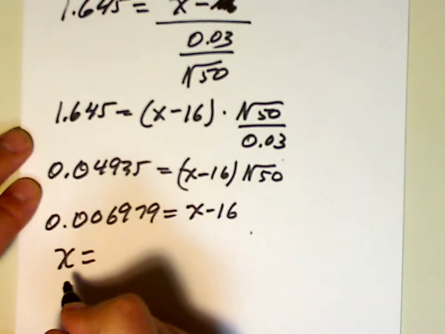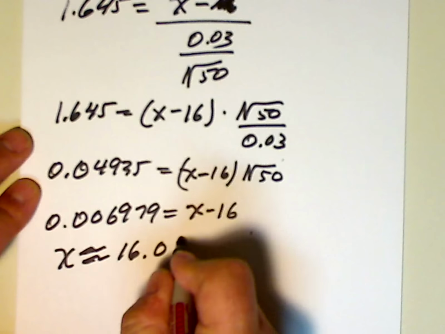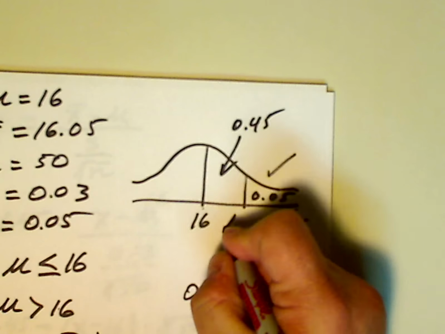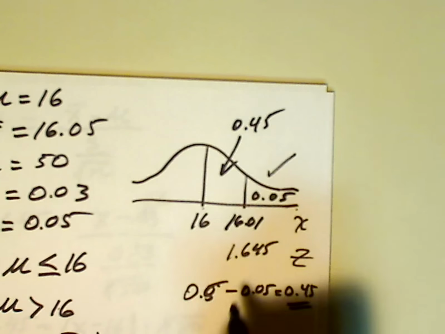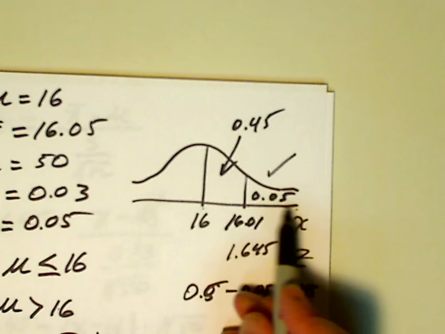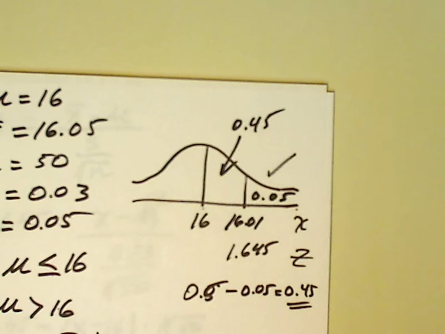So x is equal to approximately 16.01. If we go back over to our little picture, this is 16.01. So 5% of all observations of these cans are going to be greater than 16.01. That's what I just determined.